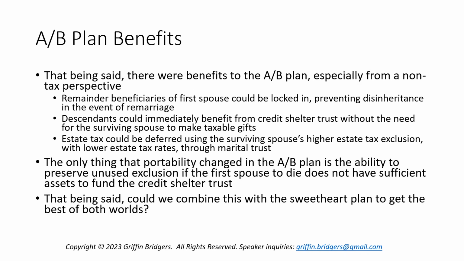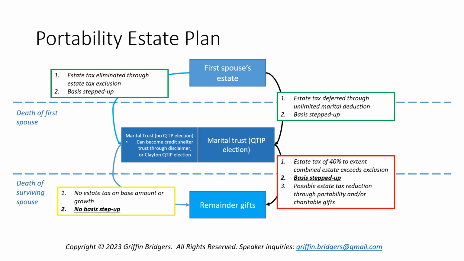So beyond this, the only thing that portability really changed when we look at the AB formula is shoring up that issue that pops up if the first spouse to die doesn't have sufficient assets to fund the credit shelter trust. But portability opened up a world of options when we go back to the sweetheart plan to get the best of both worlds.